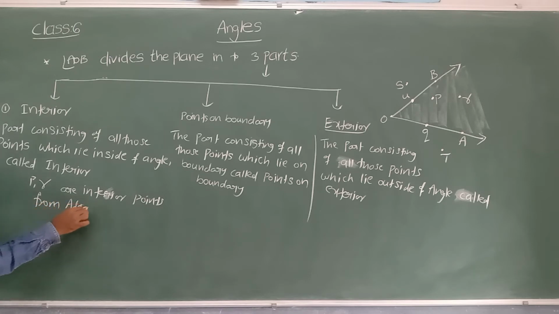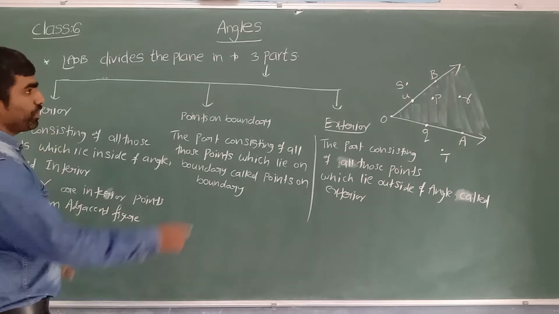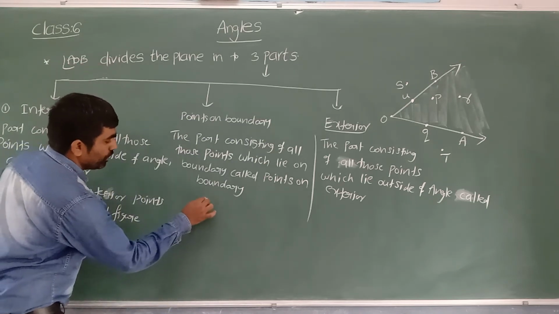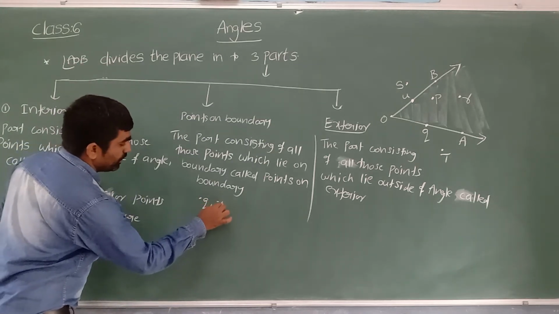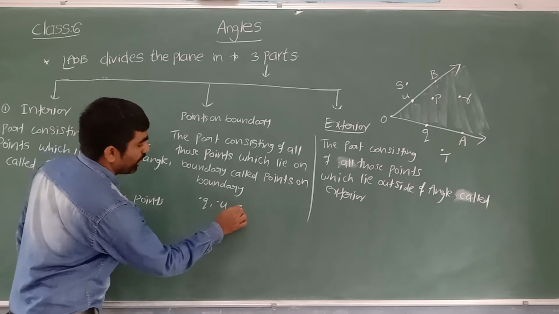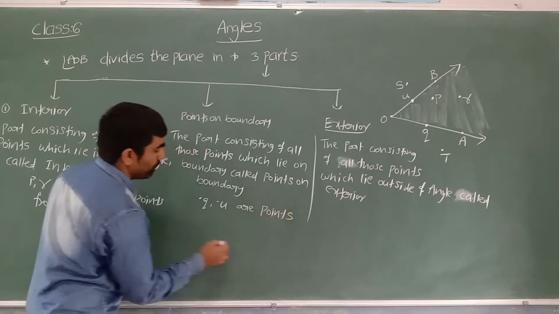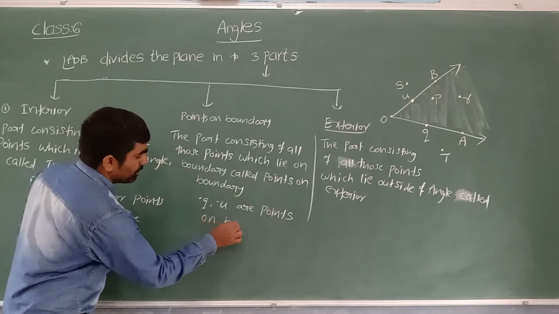And now the points on the boundary. Which points are there on the boundary of angle AOB? Q comma U are points on boundary.